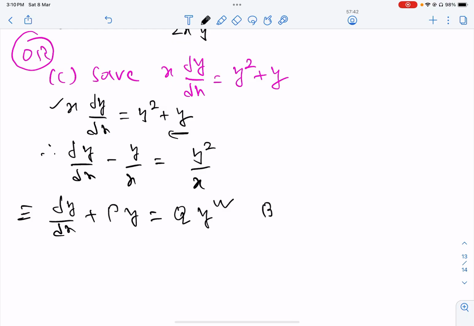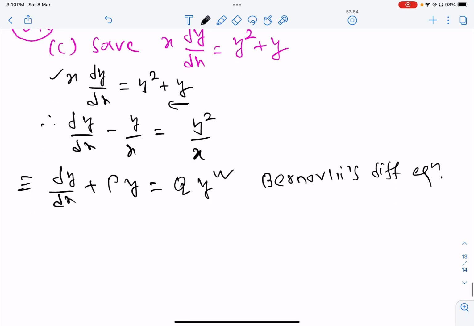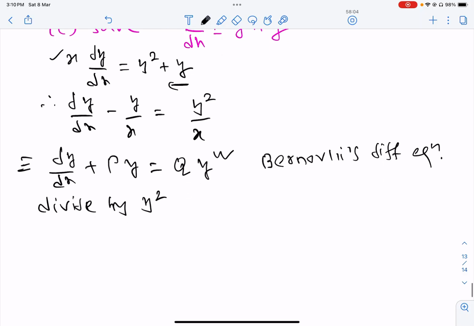So that is Bernoulli's differential equation. So what do we do? We have to do like this, divide by y square, that is the first step.